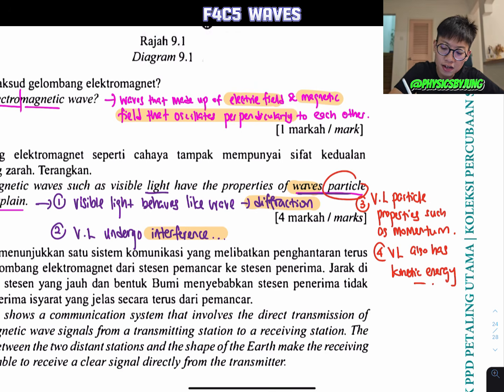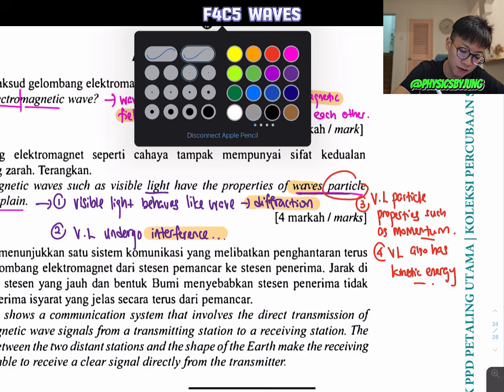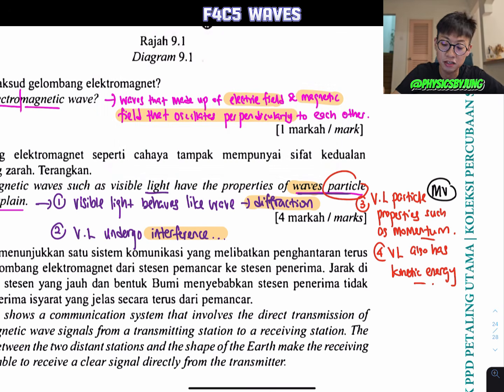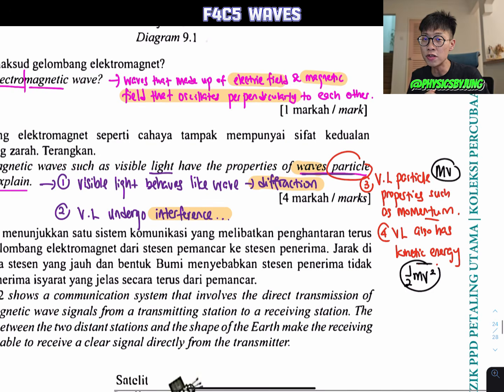Momentum is mv, and kinetic energy is half mv square. So the moment you have mass and velocity, you have momentum, and if you have momentum, you sure have kinetic energy. So when you have mv and half mv square, you will be regarded as a particle.